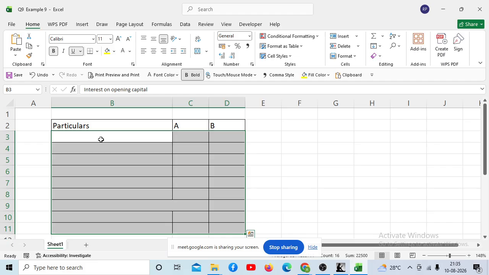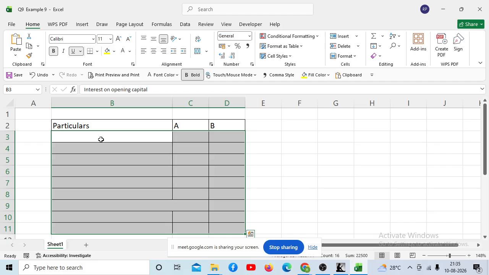Nasiha, I will just explain what we are trying to find out. We are trying to find out interest on capital, right? So how will we calculate interest on capital? Whatever capital they had given to the firm in the beginning of the year is called opening capital. So first we will calculate interest on opening capital.